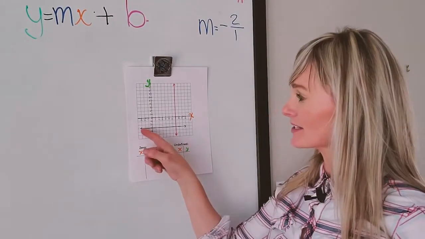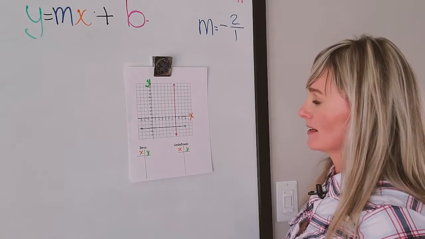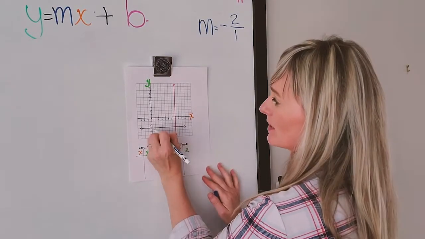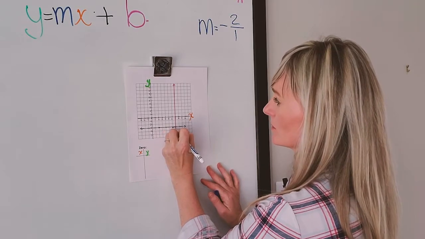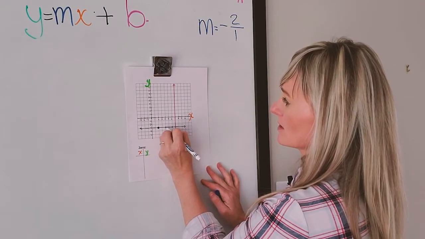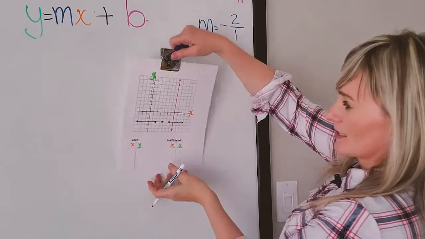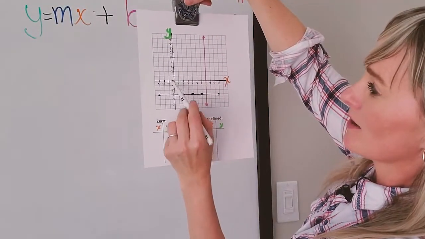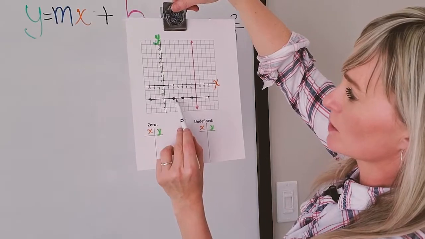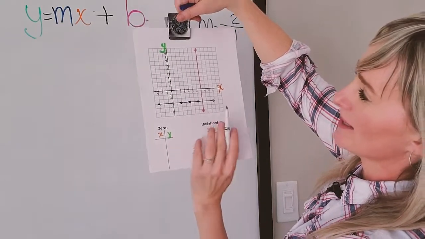If my line is going straight across, let's see what my ordered pairs would be. Let's pick a few. There's 1, 2, 3 ordered pairs. This one, let's bring it nice and close. On the x-axis it would be 2, and on the y, it would be -3.